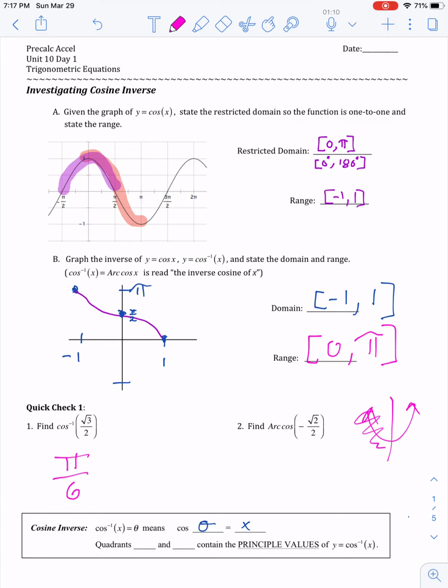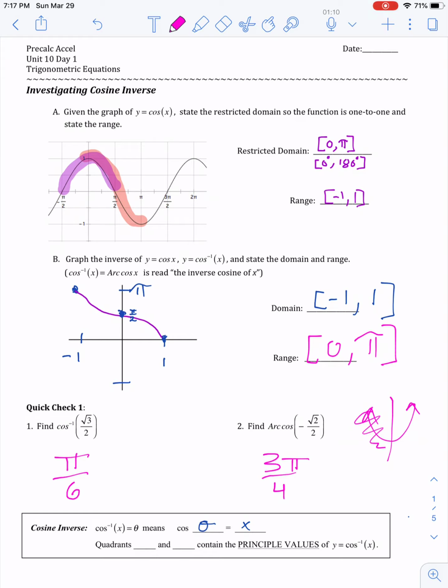What angle would have a cosine of negative root 2 over 2 within the principal interval? If you said 3 pi over 4, you would be correct.